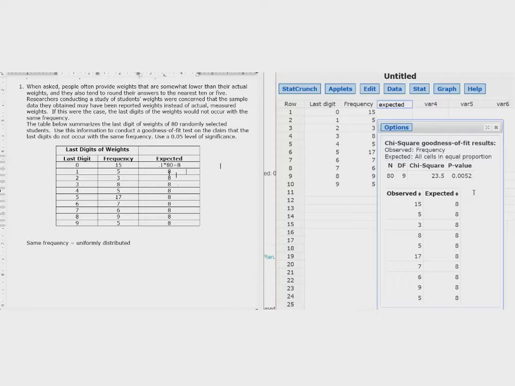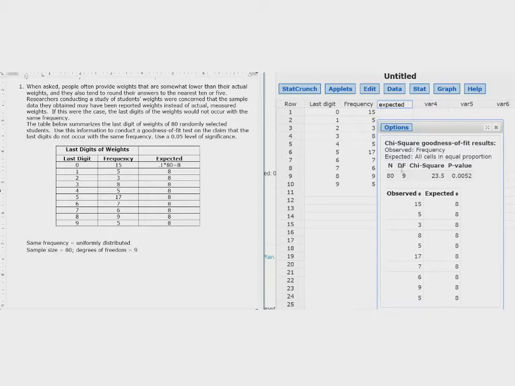Okay, so this gives us all the information we need. It gives us our expected values. It gives us our sample size, which is 80. If we're looking at a hypothesis test, our degrees of freedom is 9.